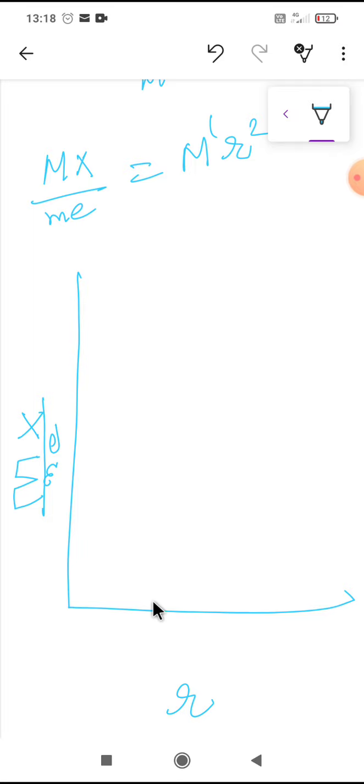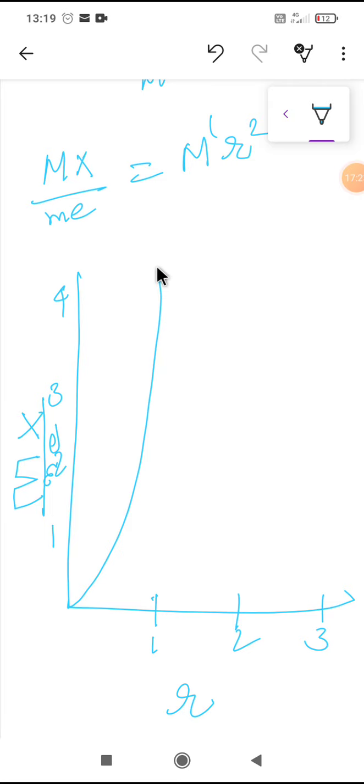Suppose the frequency ratio is 1 here, 2 here, and 3 here, and the dimensionless quantity is 1, 2, 3, and 4. The graph will be such that we take different values of zeta.